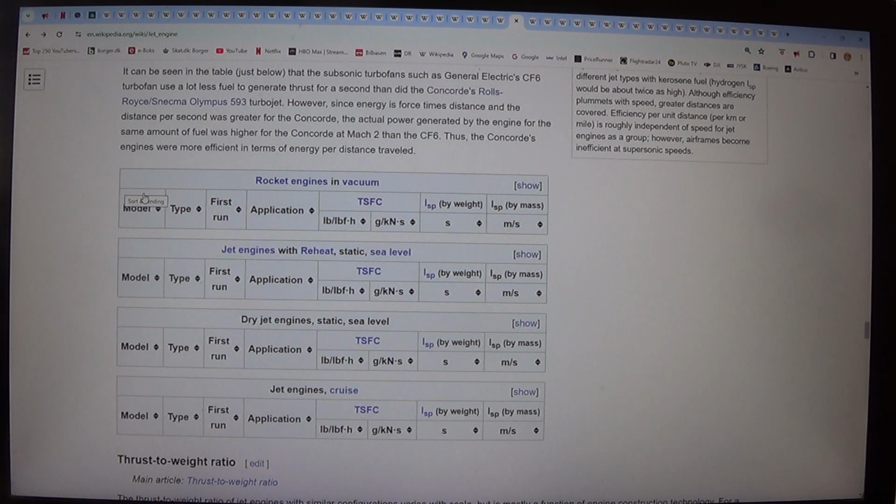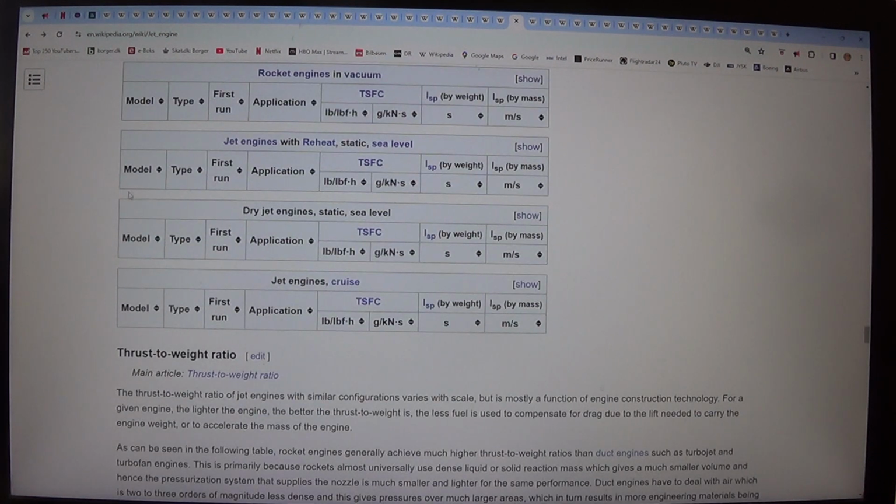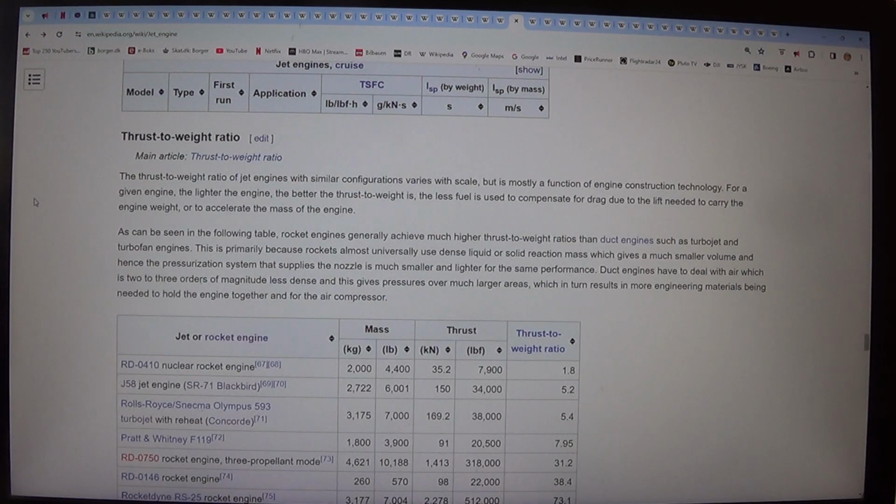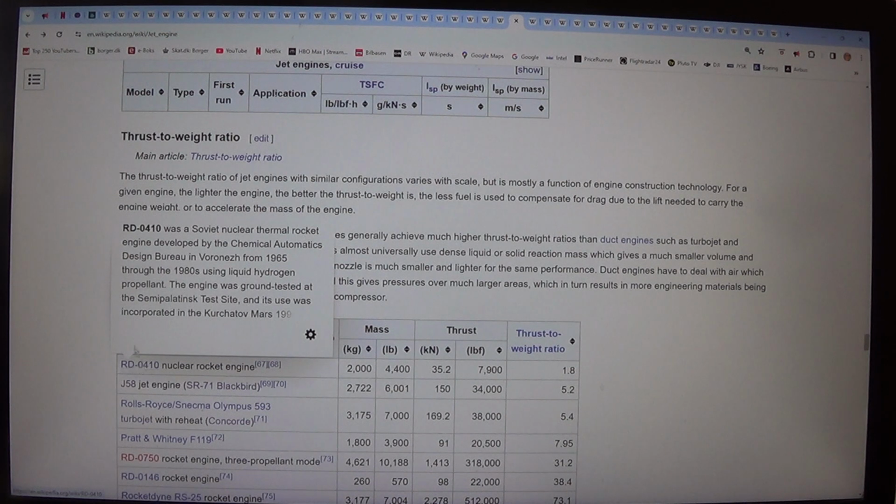Dry jet engines, static, sea level. Model type first. Run application TSFC-ISP, by weight, ISP, by mass. Pound /LBF times HG /KN times SSM S. Jet engines, cruise. Model type first. Run application TSFC-ISP, by weight, ISP, by mass. Pound /LBF times HG /KN times SSM S.